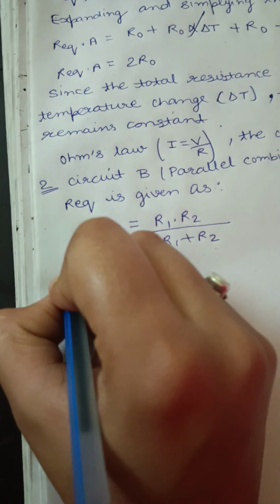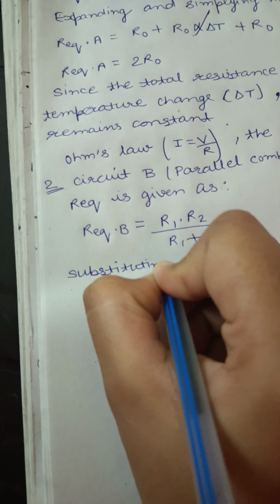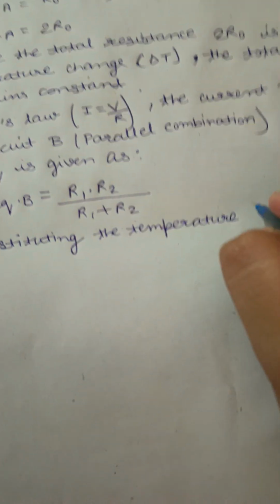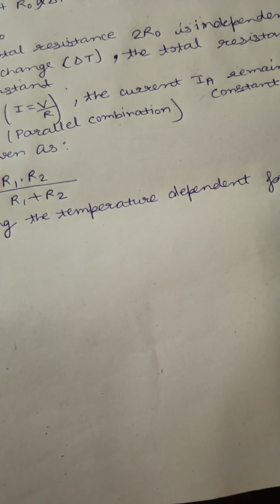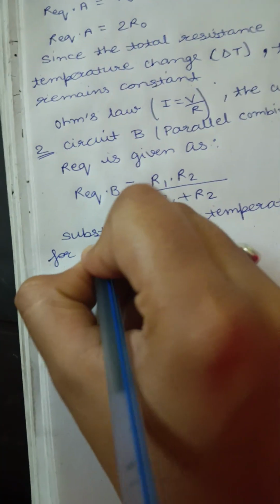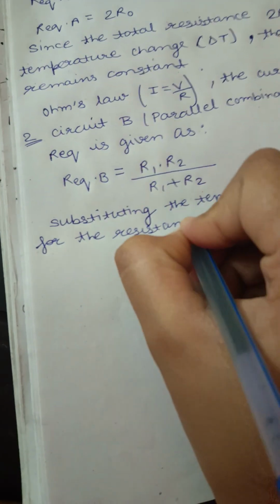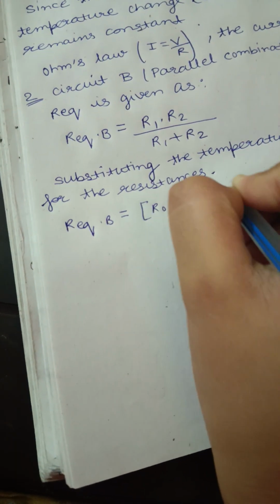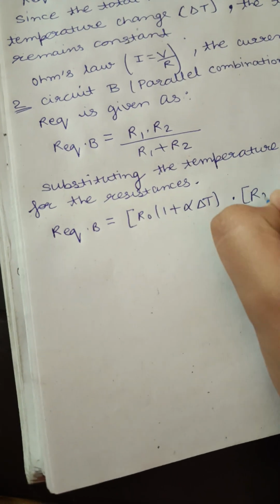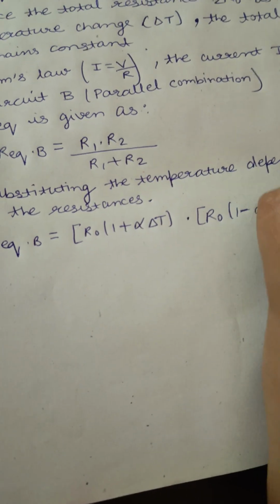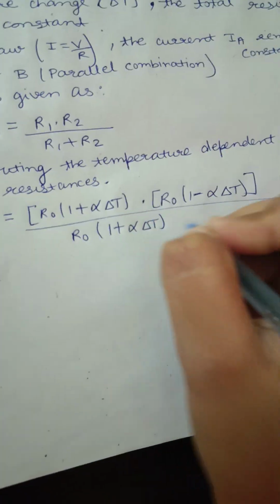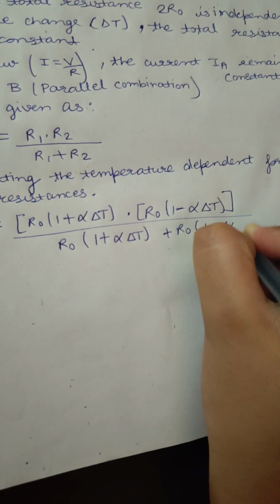Substituting the temperature dependent formulas for the resistances, we get R equivalent B is equal to R naught (1 plus alpha delta T) times R naught (1 minus alpha delta T), divided by R naught (1 plus alpha delta T) plus R naught (1 minus alpha delta T).